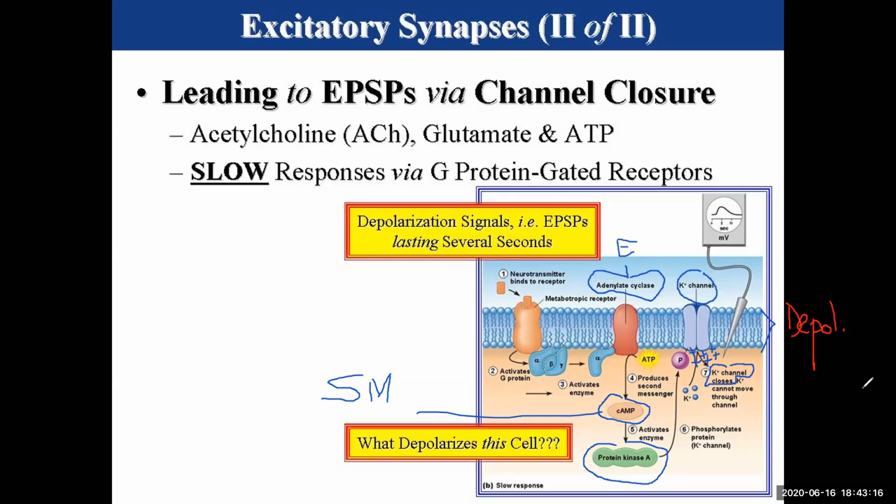Because when the potassium channel opens, potassium effluxes. Potassium is leaving the cell. When you close it down, potassium is no longer able to leave the cell. Potassium accumulates inside. So we have a massive accumulation of positive charge here, less positive here, because potassium is not leaving. We have a depolarization signal. So both cases lead to EPSP by different mechanisms, right?